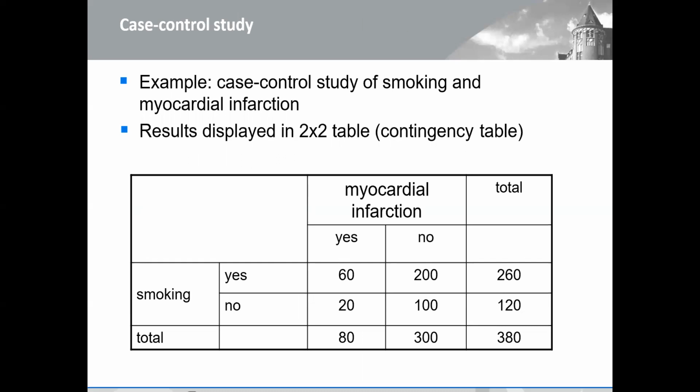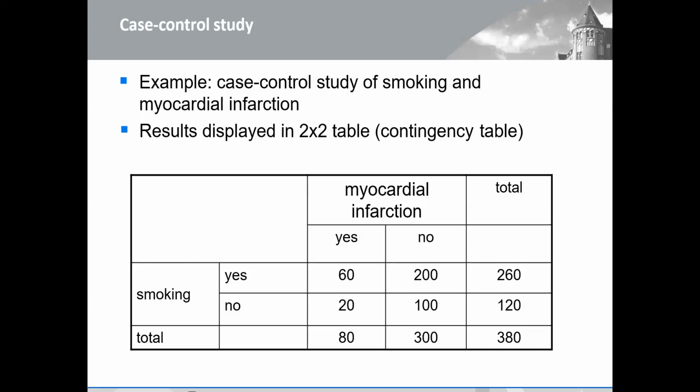Then if you go to the next type of study, which is our case control study. So this is an example of a case control study of smoking and myocardial infarction. This is an example of our 2x2 table. I hope you understand the difference between a cohort study and a case control study.